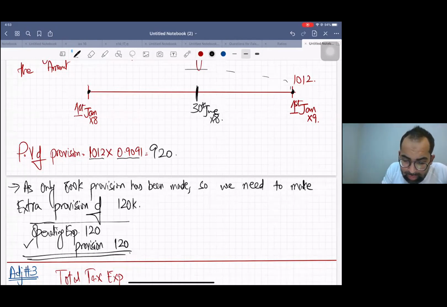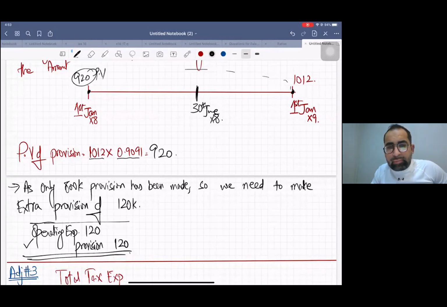Now wait, this 920 is the present value. And you remember these famous dialogues: whatever rate is used for discounting, the same rate is used for unwinding as well. But don't forget, it's only 6 months.